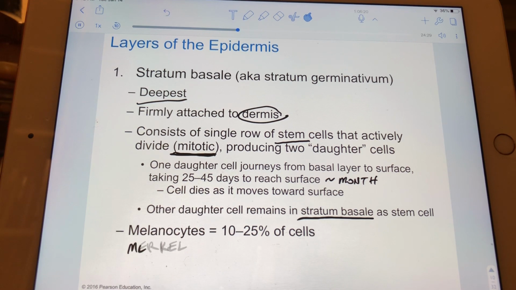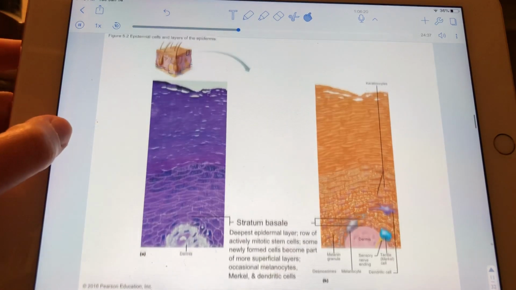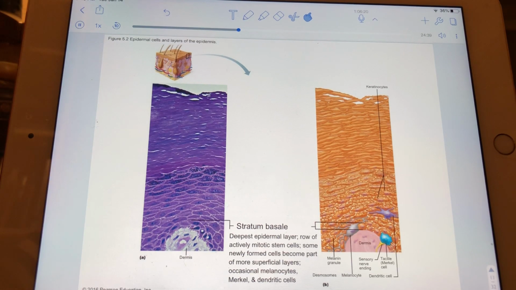And we're also going to find intermittent Merkel cell bodies here. Moving to slide 11, here's that same image with stratum basal again labeled, and I've placed all of the pertinent text on that image just to kind of keep everything together.